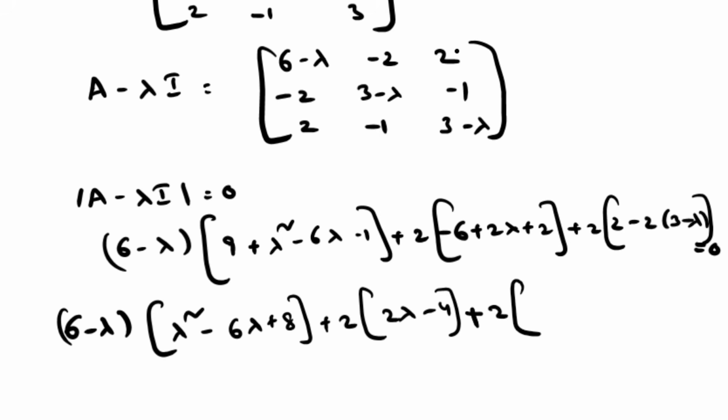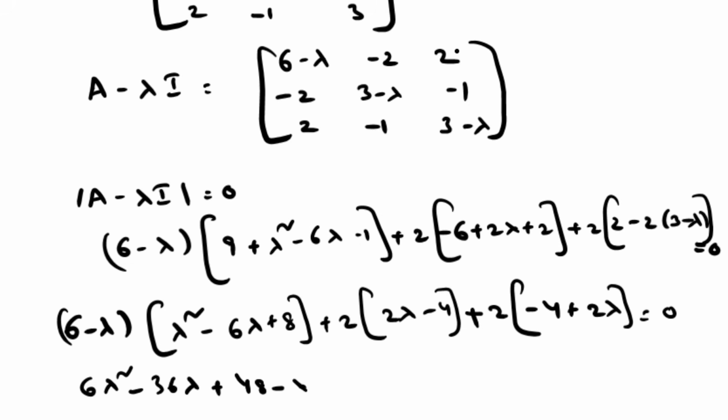plus 2 into minus 4 plus 2 lambda is equal to 0. 6 lambda square minus 36 lambda plus 48 minus lambda cube plus 6 lambda square minus 8 lambda plus 4 lambda minus 8 plus 4 lambda is equal to 0.